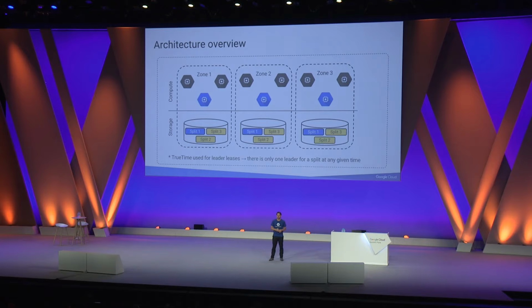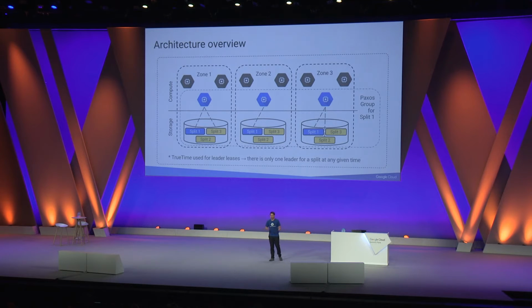But I mentioned earlier that we are globally consistent. So one of the criteria here that is really important is that there's never more than one group of nodes responsible for a split. And we actually need one member in this group who is the leader of this group.